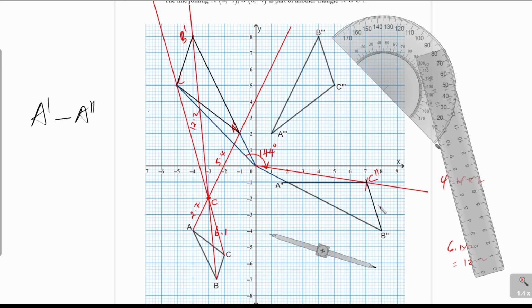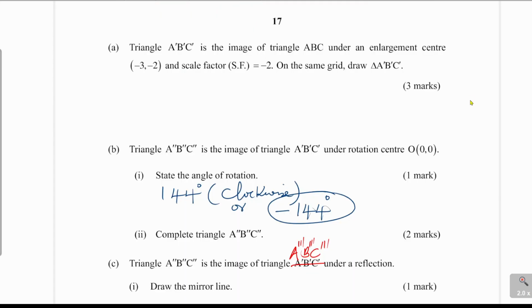So A double prime, B double prime, C double prime. We've completed that. Now from there we go to the next question. Now we can go to part C of the question.